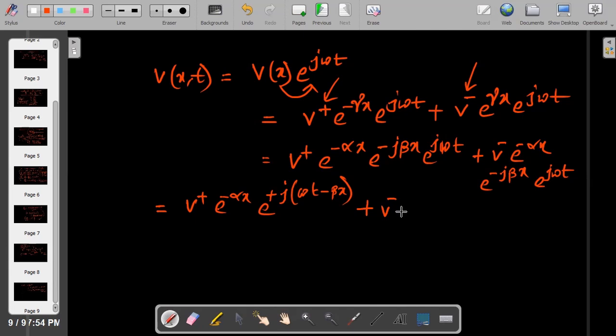Plus V minus e to the power minus alpha x e to the power j omega t, it will be minus beta x. Both are propagating in the same direction. One second, I made some mistake. This is minus, no?